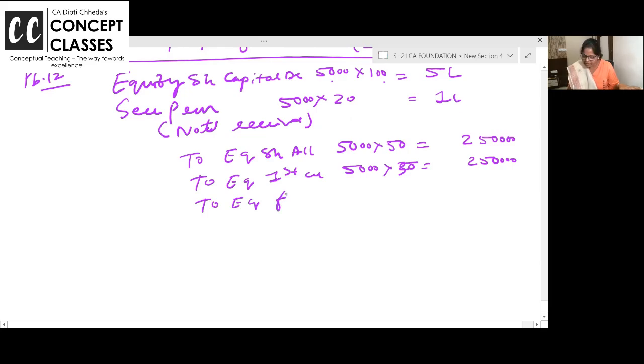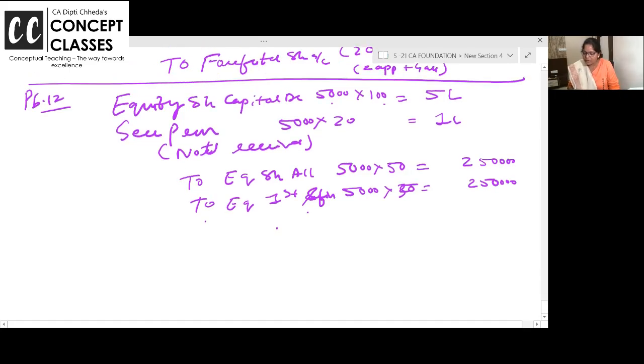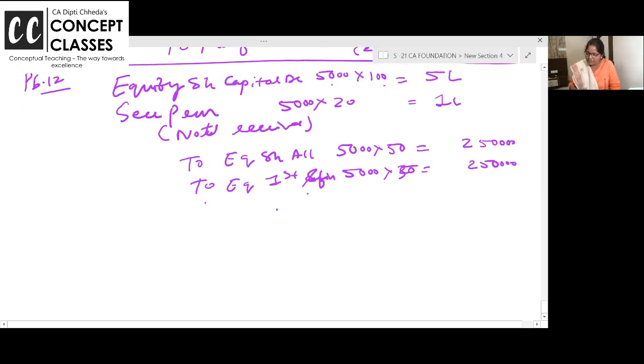Equity share final call. अच्छा, फर्स्ट एंड फाइनल कॉल मिला के है 50. इक्विटी शेयर कैपिटल डेबिट 5000 into 100, 5 lakh पूरा कॉल कर लिए. प्रीमियम डेबिट because it was due in allotment and not received.